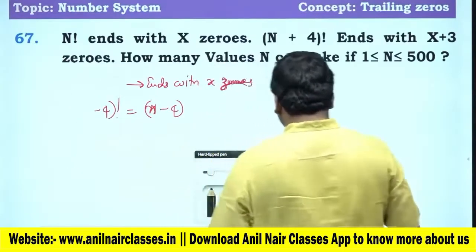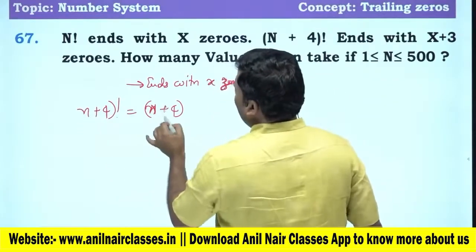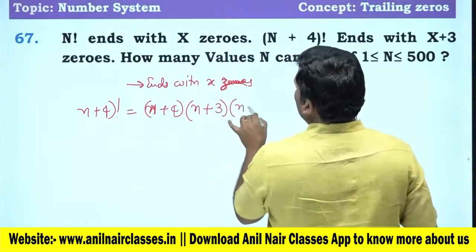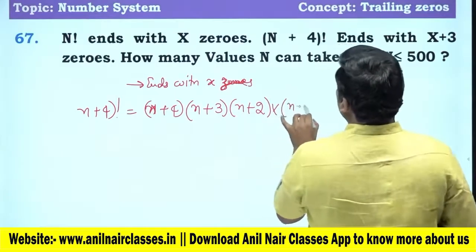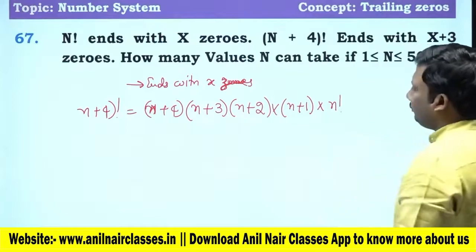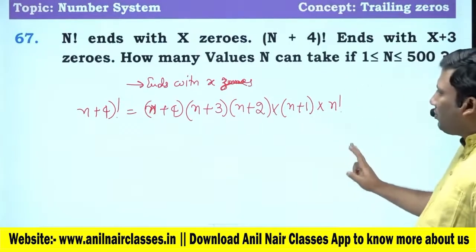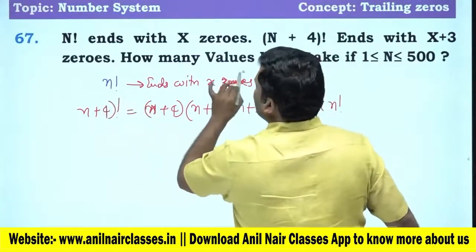N plus 4 factorial is n plus 4 into n plus 3 into n plus 2 into n plus 1 into n factorial. N factorial is ending with x zeros.